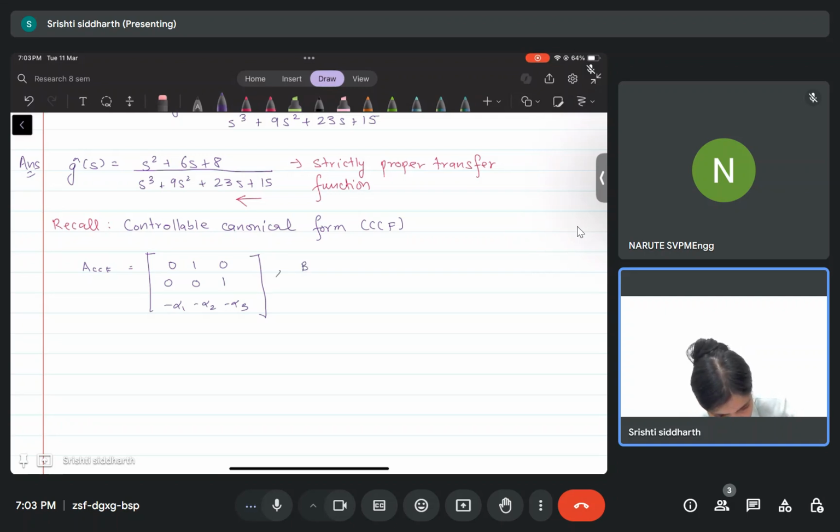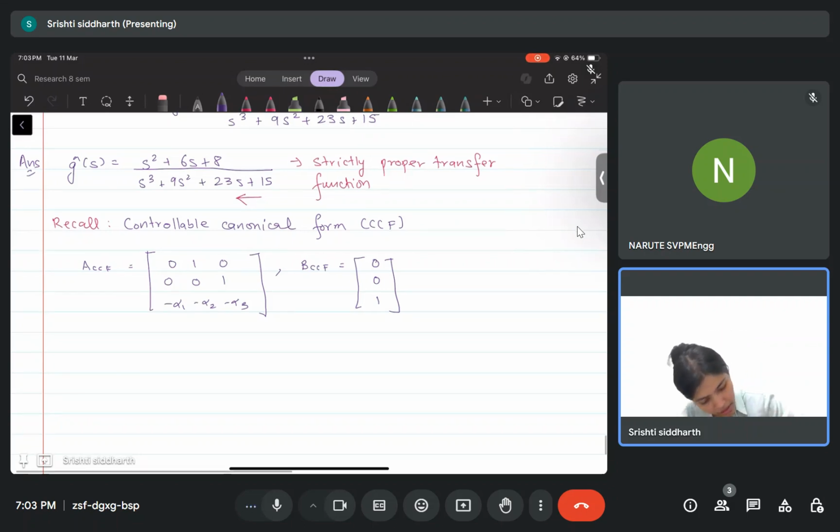Then we have B_CCF, in which we just have the input present in the last dynamic. So we have 0, 0, 1. And then C_CCF are some betas. So for a third order system, we have beta 1, beta 2, beta 3. These correspond to the numerator of the transfer function.